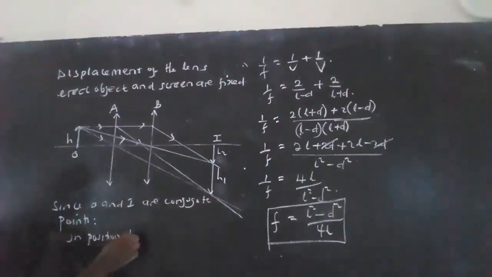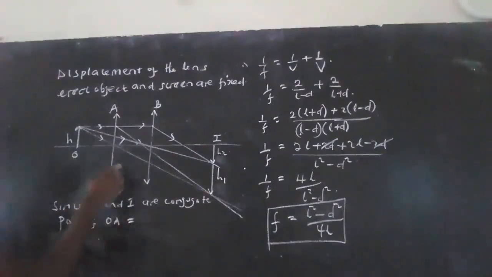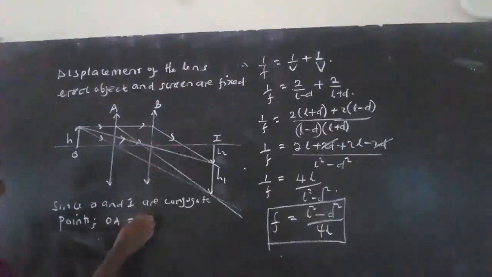In position A, that means that our OA is same as BI, and then our OB is same as AI.